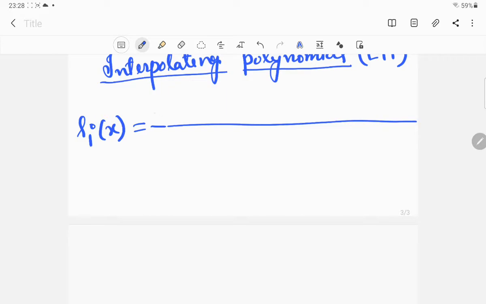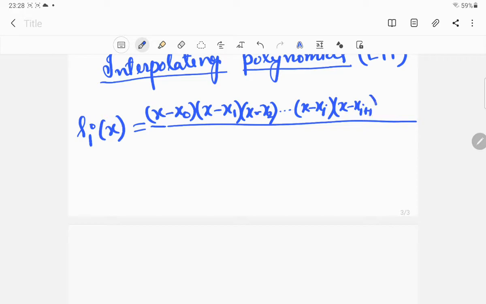So it goes like this: x minus x0, x minus x1, x minus x2. Then it will go x minus xi, x minus xi plus 1, and it will go up to x minus xn. Similarly, it will go like xi, this is ith, so again there will be an i. Try to remember this formula, the trick of this formula.